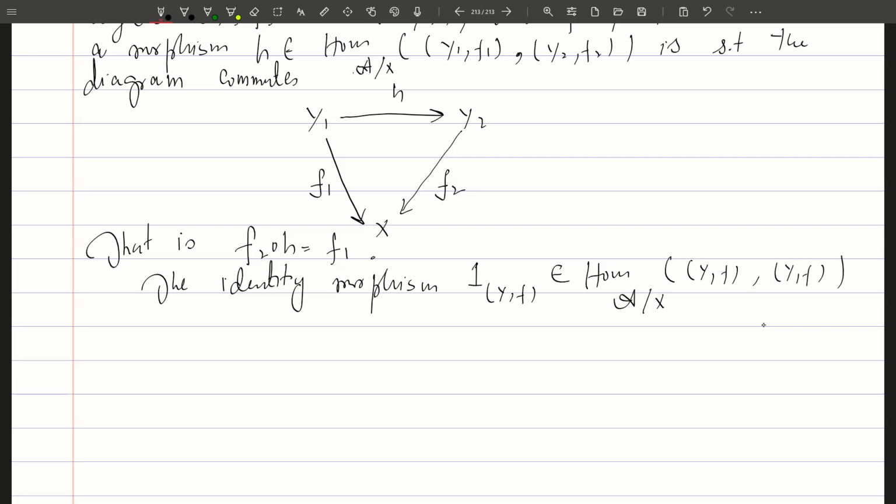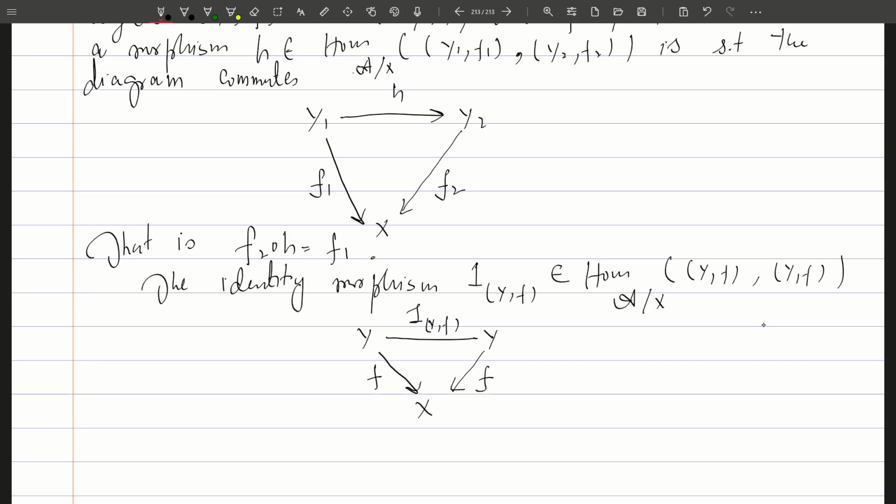So now if this is a morphism, then that means this diagram commutes. We have y here, we have y here, and we have x here, and this f is a morphism from y to x, and from y to y we have this morphism 1 sub yf.